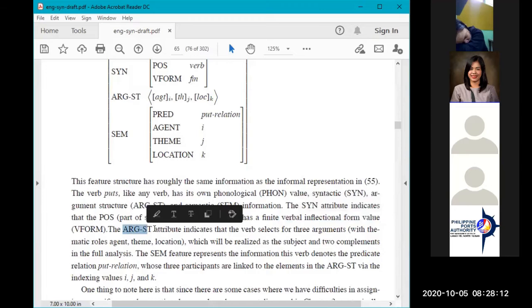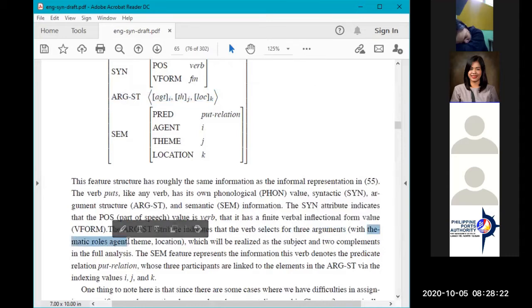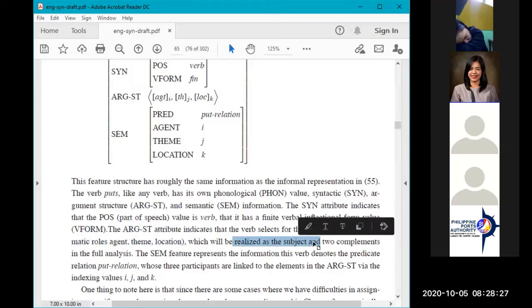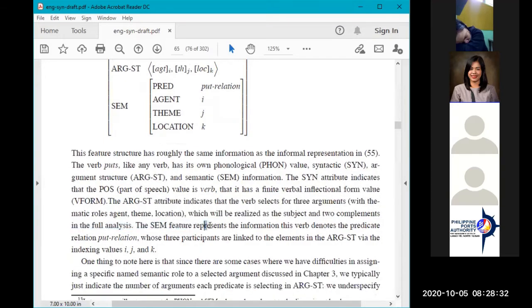The argument structure attribute indicates that the verb selects 3 arguments with the semantic roles agent, theme, and location, which will be realized as the subject and 2 complements in the full analysis. The semantic feature represents the information this verb denotes, the put relation, whose 3 participants are linked to the elements in the argument structure via the indexing values I, J, and K.